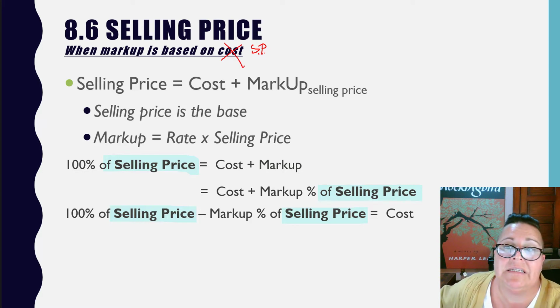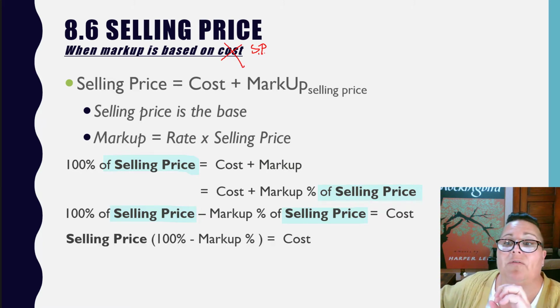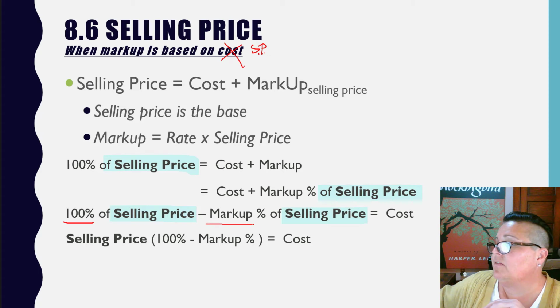Now, just like last time, do you see how we've got selling price in both of those pieces? I can pull that out front. And if I pull that out front, then in the first piece here, I'm left with 100%. And in the second piece, I'm left with minus whatever the markup percent is.